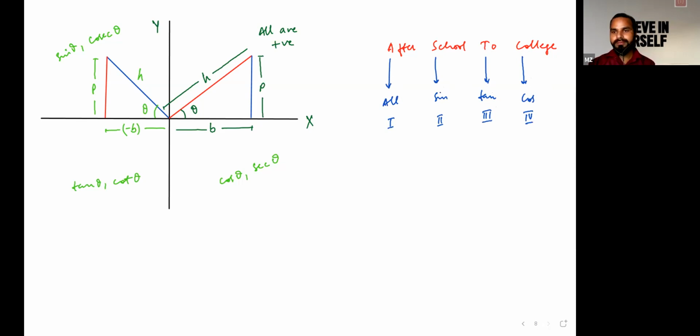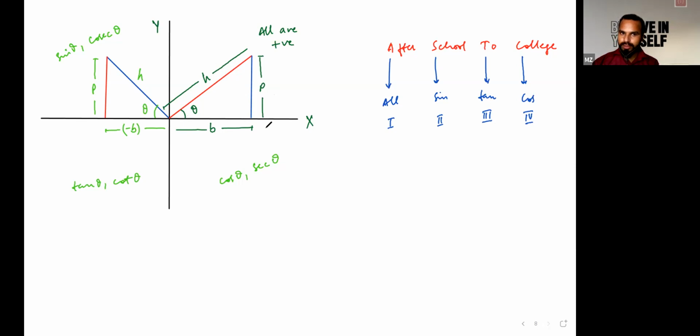Yes, Muhammad Umar, what do you want to explain? Just see, in this diagram, if I have drawn a triangle in this first quadrant, all of these three measurements would be positive.